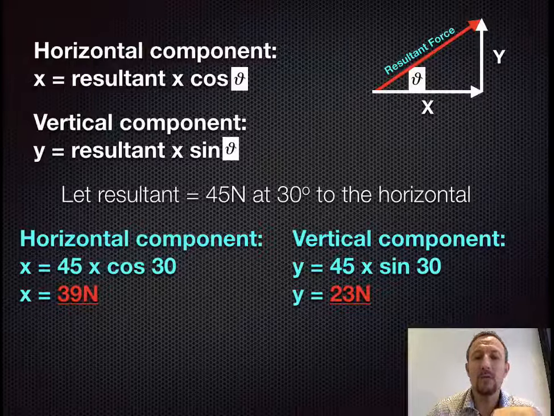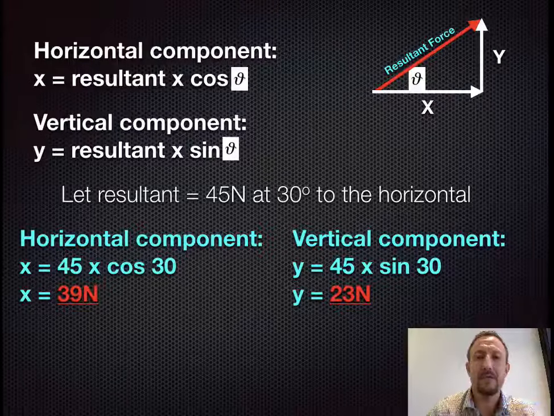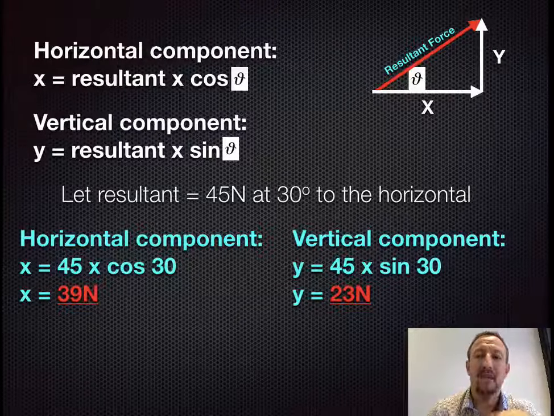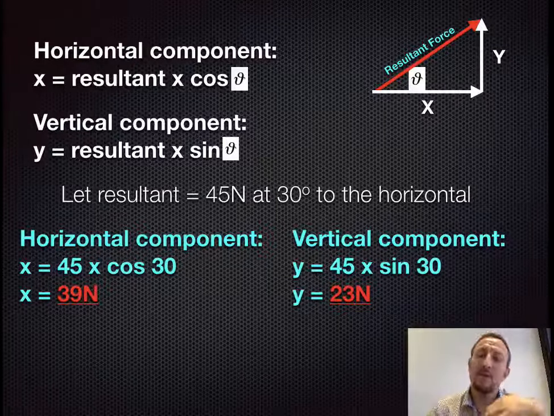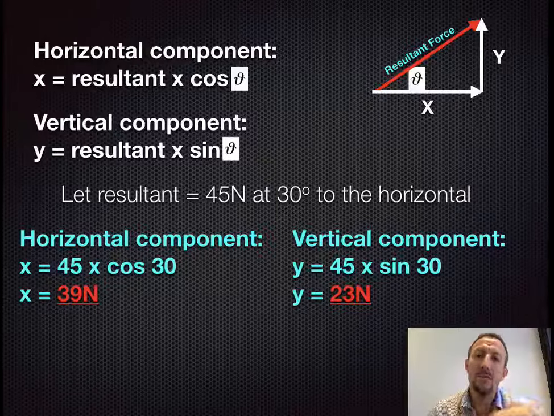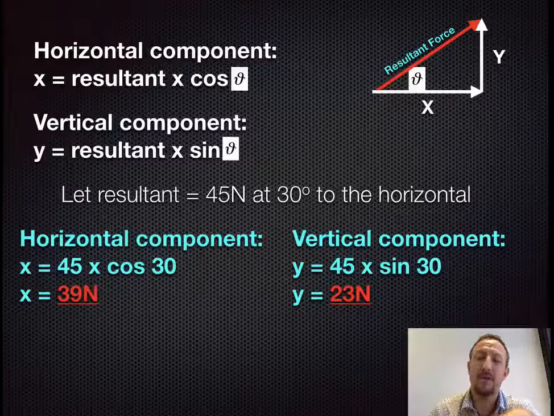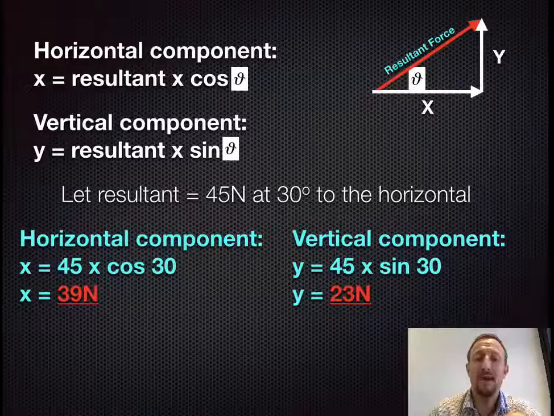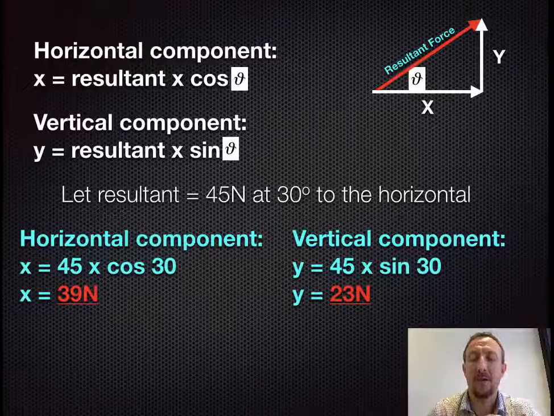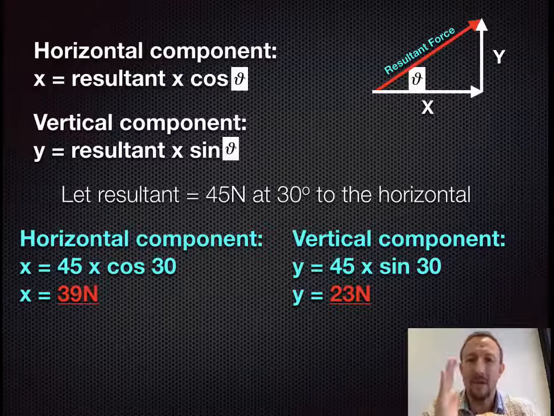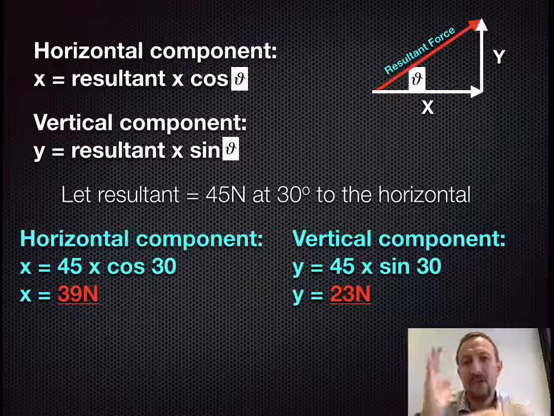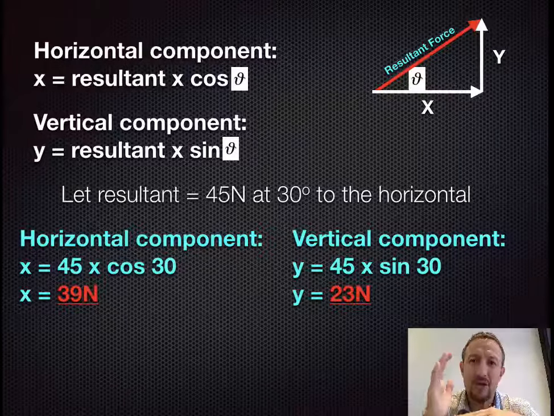For the vertical, the resultant force is 45 newtons, the angle is 30 degrees, so it's 45 times sine 30, which gives me 23 newtons. So what does that mean? The resultant force of 45 newtons at 30 degrees to the horizontal is made up of 39 newtons horizontally and 23 newtons vertically. Those are the two components which are applied.